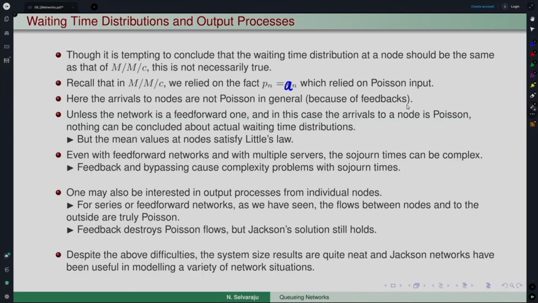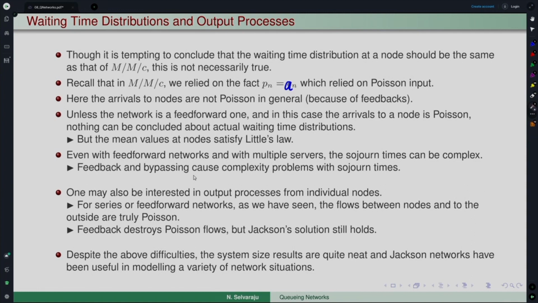So, there is a bypassing. This also poses a problem when you want to determine the waiting time in this case. So these are two issues: feedback and bypassing. It has been shown with very simple examples, as early as the 1970s, that these are not really simple.